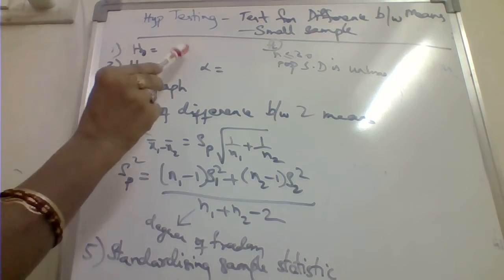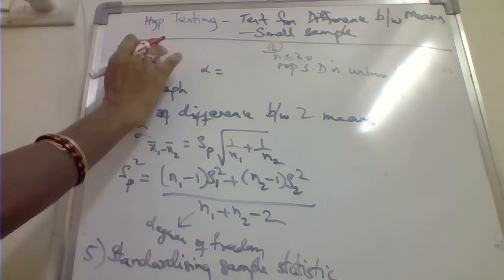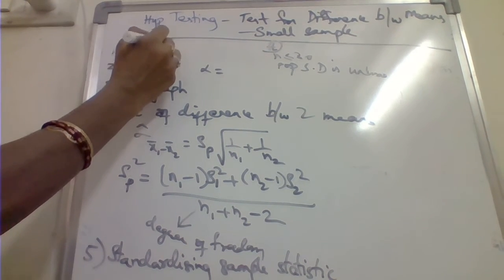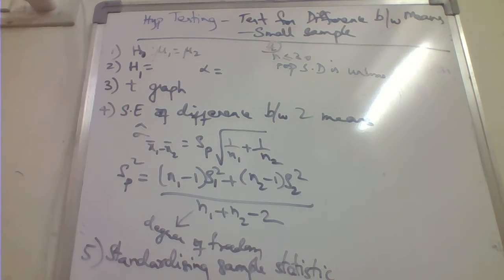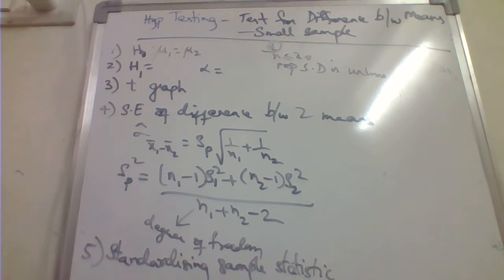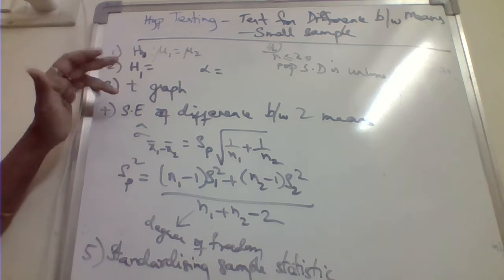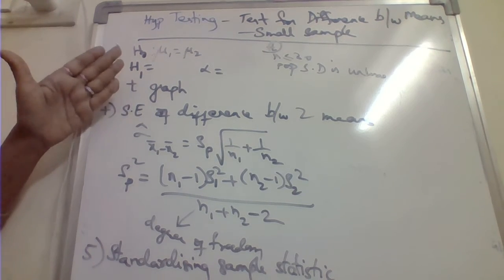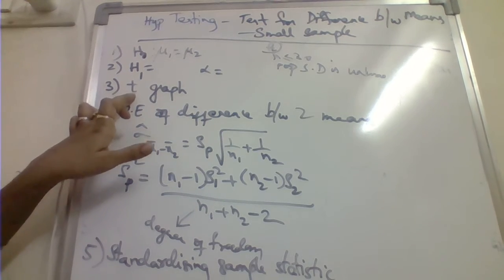First you write the null hypothesis. The null hypothesis is the same as yesterday, that is H naught: mu1 equals mu2. Always you assume the population means are the same in the null hypothesis, and decide the alternate hypothesis, which is less than, greater than or not equal to, based upon the problem. Then alpha will be given. Then take the T graph.